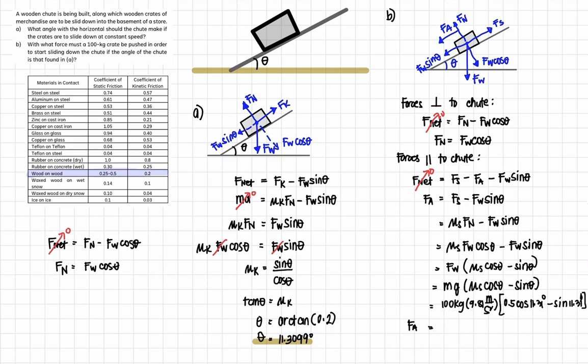So 100 times 9.81 times 0.5 times cosine of the angle minus sine of the angle. And so the force that must be applied so that the 100 kilogram crate will start sliding down is 288.5849 newtons. So that is the force that must be applied for the crate to start sliding.